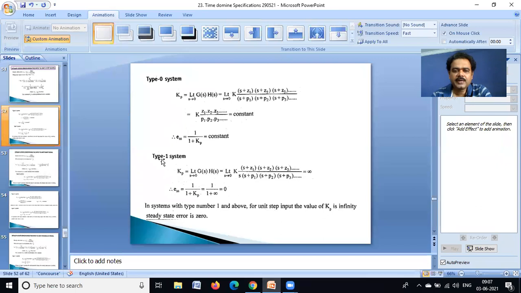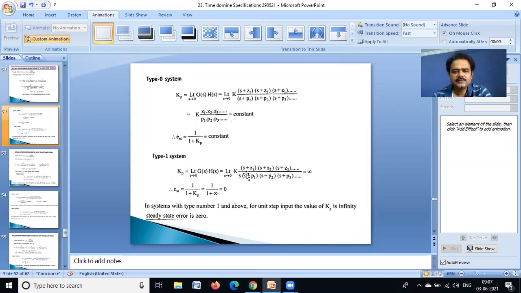For a type 1 system, one pole is present at the origin. So the loop transfer function we can represent as limit s tends to 0, K into the zeros over the poles, and in the denominator we have one s term. One pole is present at the origin, that is why it is called a type 1 system.